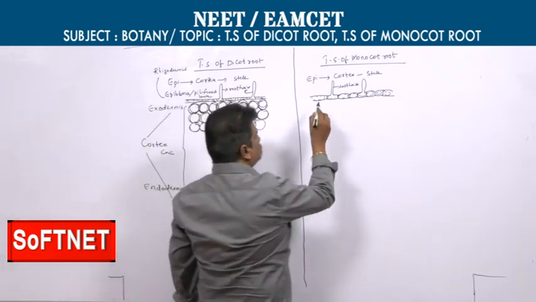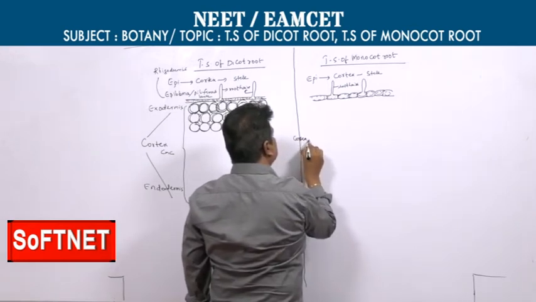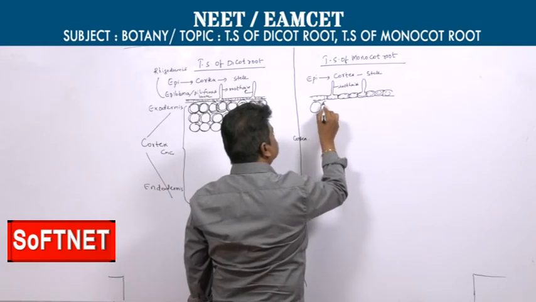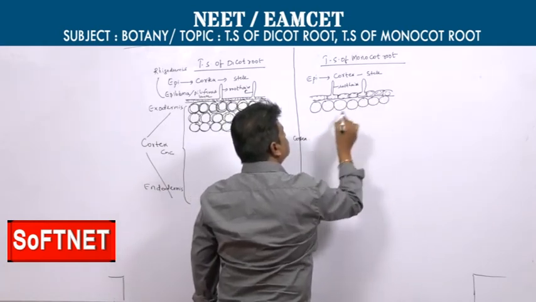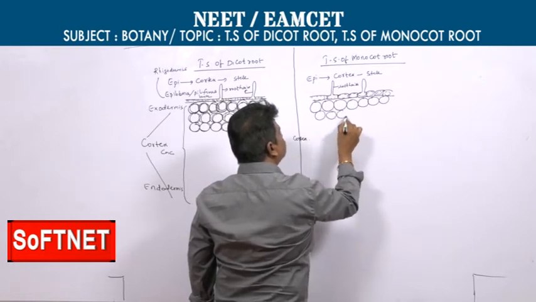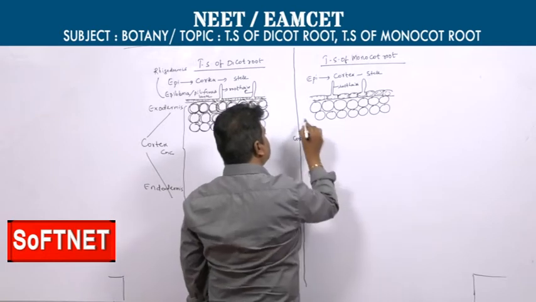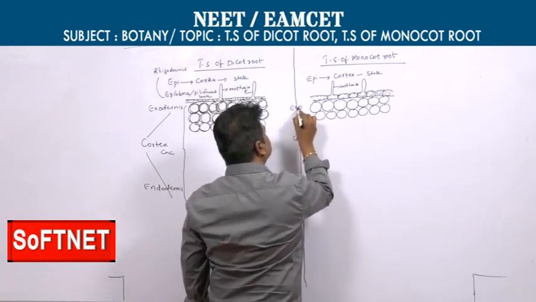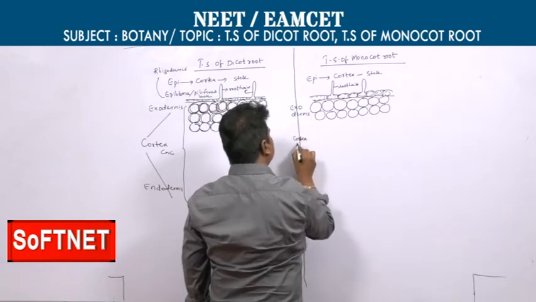Even in monocot root, the cortex shows 3 parts: exodermis, then general cortex, and endodermis.